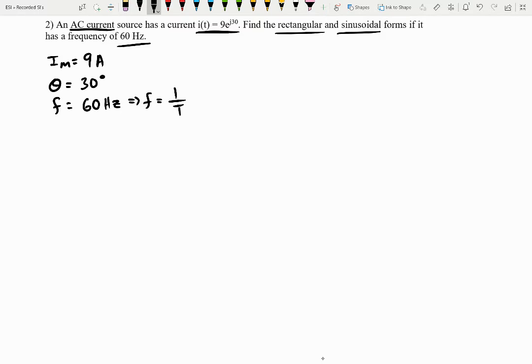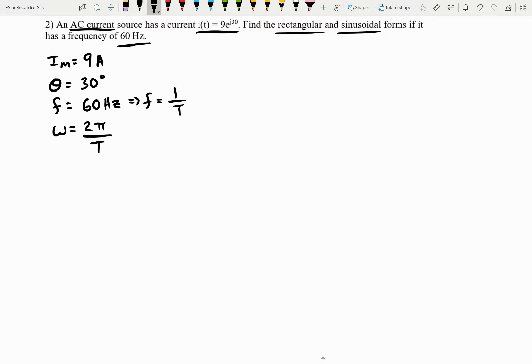Using our equations from the concept video, frequency is equal to 1 over the period. But we also know that omega is equal to 2 pi over the period.